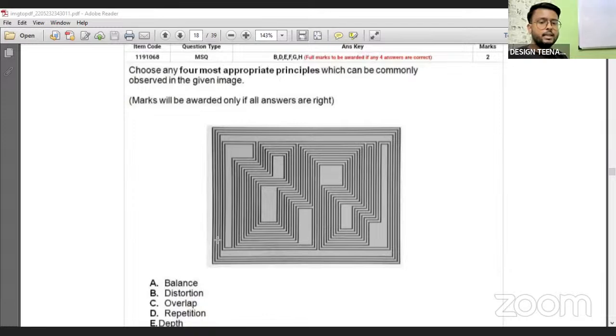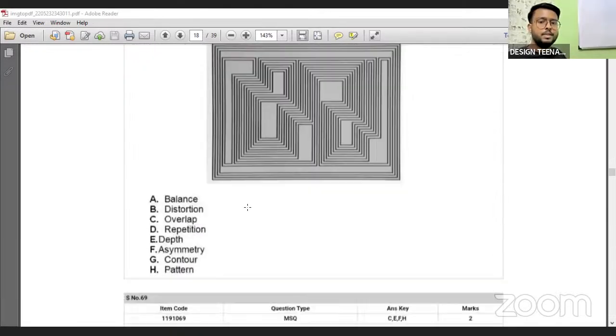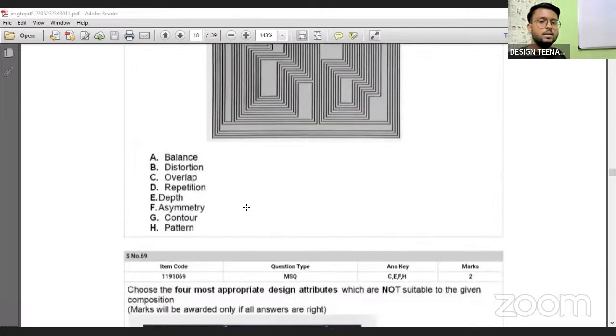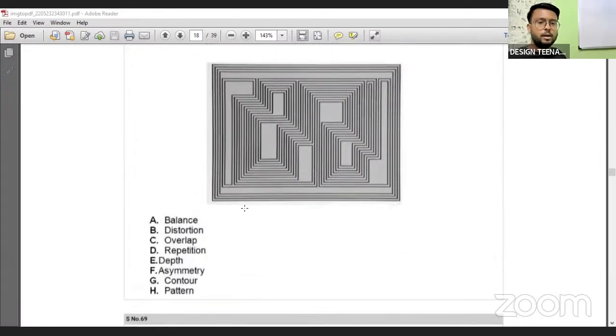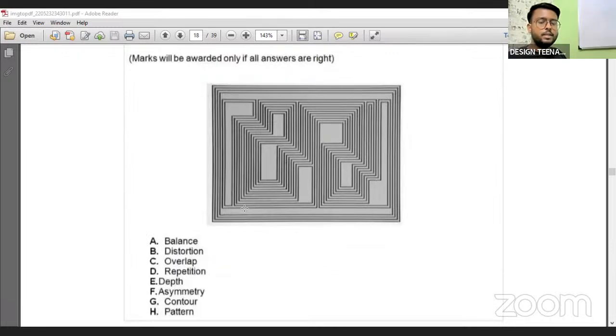Let's move ahead and see what are the remaining set of questions that we do have. Choose the foremost appropriate principles. Now comes your visual principles, how they are asking for the recent years. The number of options also have been reduced. So tell which is the correct answer. What all can you see? Depth. What else? Overlap.